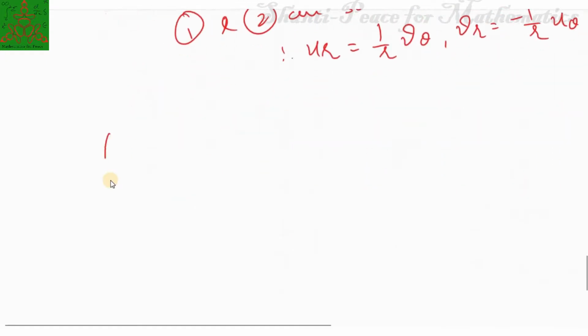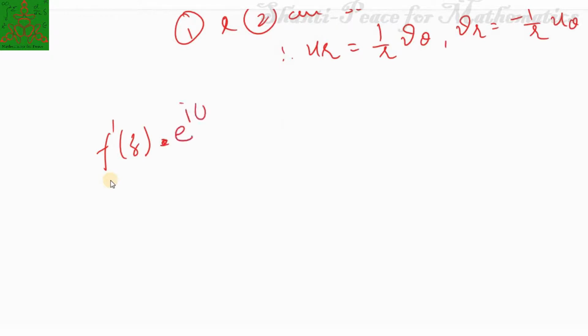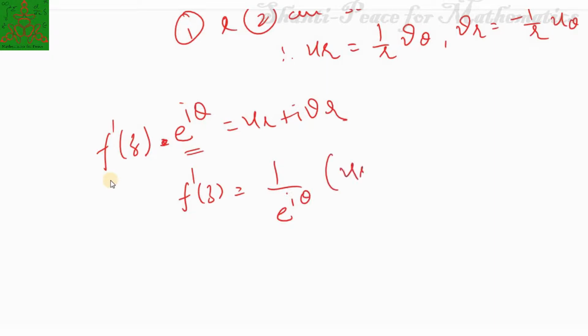So f dash of z into e raised to i theta equal to ur plus i vr. So this e raised to i theta you can take to the other side, so f dash of z is 1 upon e raised to i theta into ur plus i vr. This is one way to represent the derivative of a function in polar coordinates.